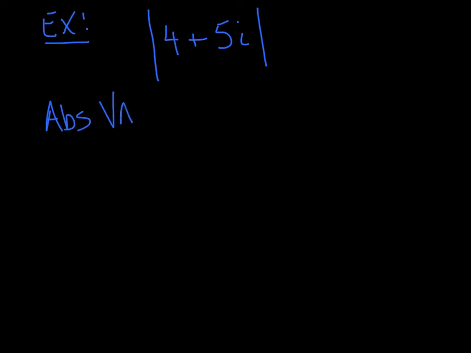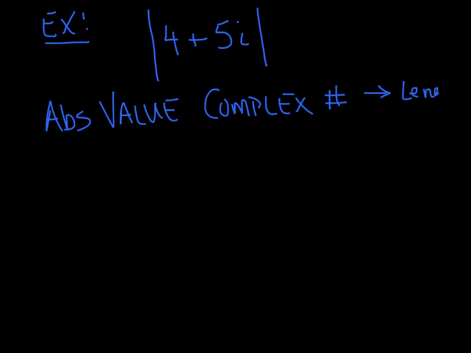Okay, I wanted to sneak in an example here in between, and I want to ask you, what's the absolute value of 4 plus 5i? Now, asking for the absolute value of a complex number is the exact same thing as what we've been doing. All it is is measuring length or size, okay?